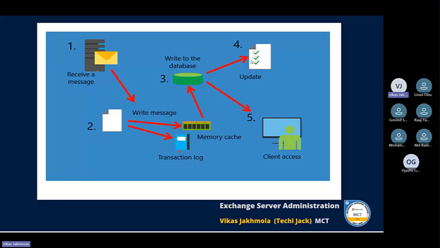That means the checkpoint file now knows this transaction log, which was earlier in memory, has been committed to the database. The mailbox server says, okay checkpoint, the log has been written to the database, update it. So there will be a log number, something like that. The checkpoint file now knows this log has been committed to the database.